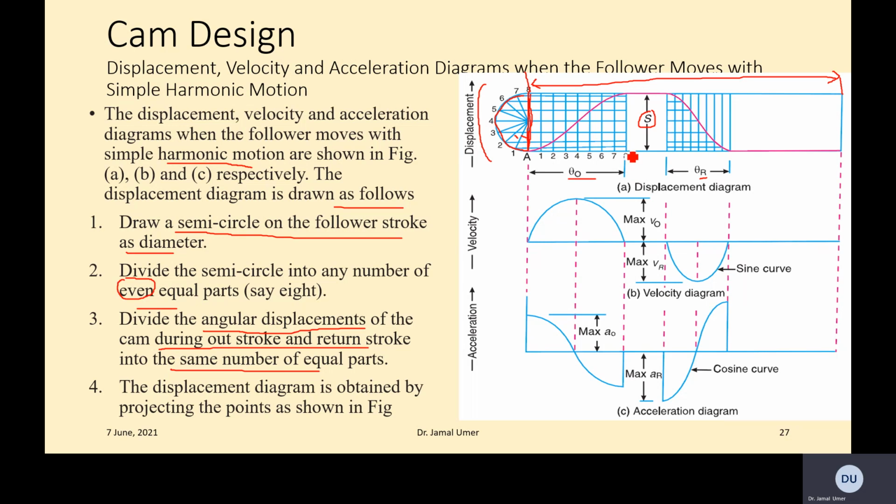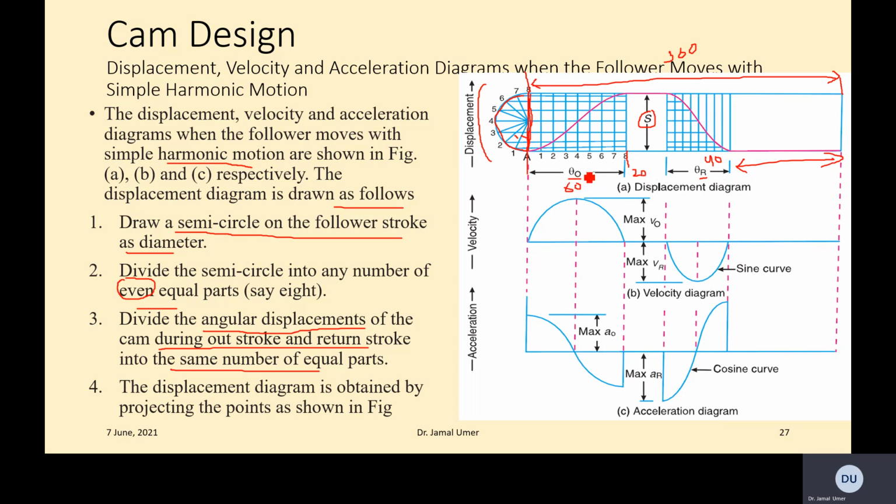We are saying 60 degrees of the cam out of 360 is the outward stroke. We are doing 40 degrees as a return stroke, and there is a dwell of 20 degrees, and then you have the rest over there. So there is another dwell. Once you have these three angles known, the last one you can find out.